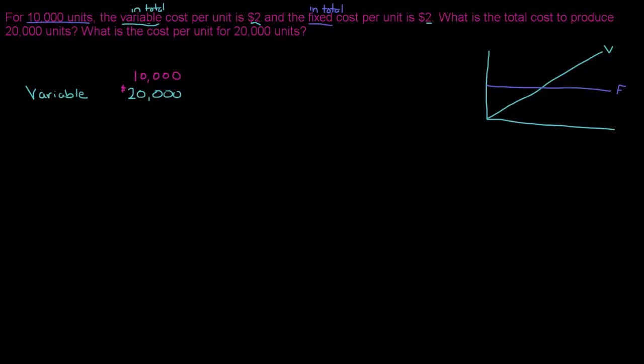Now let's look at what happens with our fixed cost. Remember, fixed cost is fixed in total, but we're saying for 10,000 units my fixed cost is $2 per unit, so that's also going to be $20,000. So my total cost is $40,000.